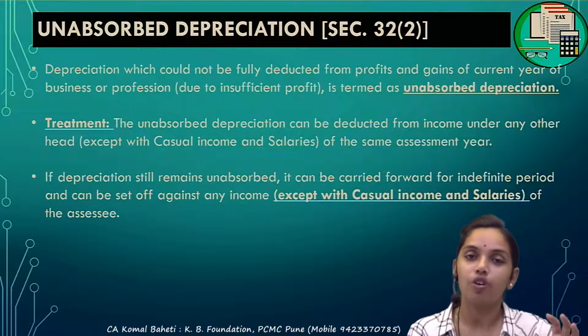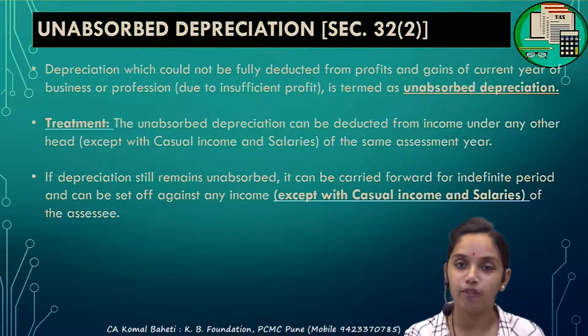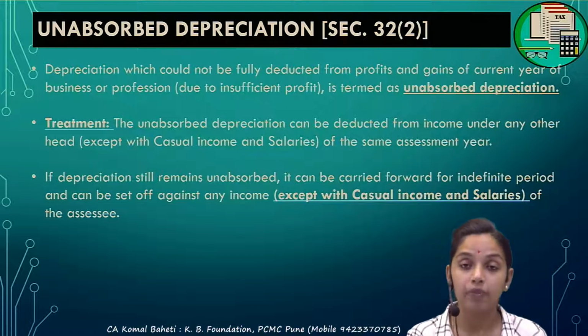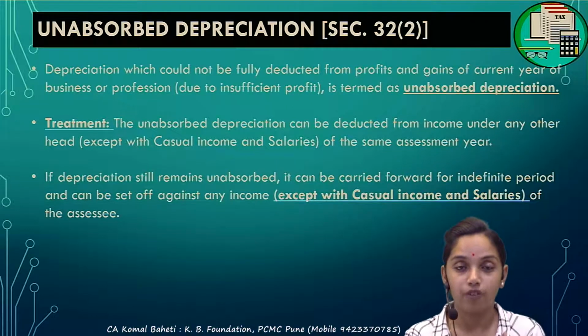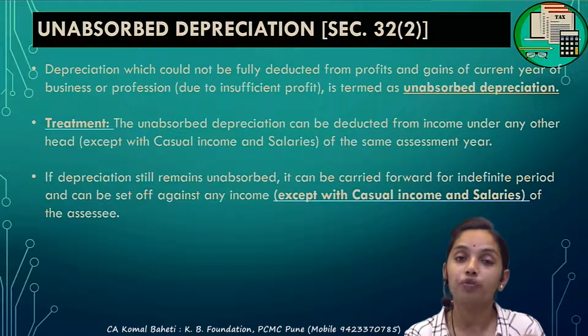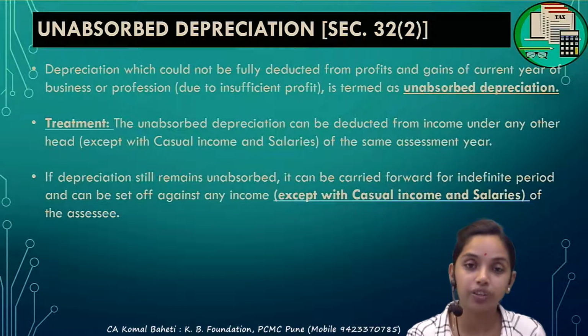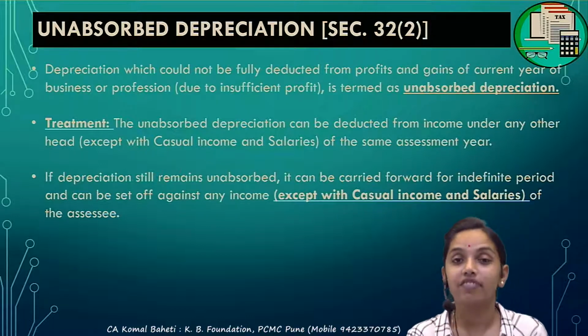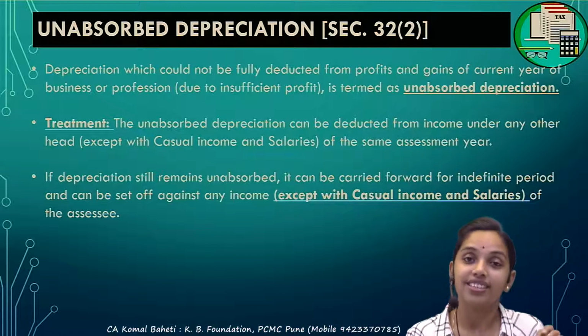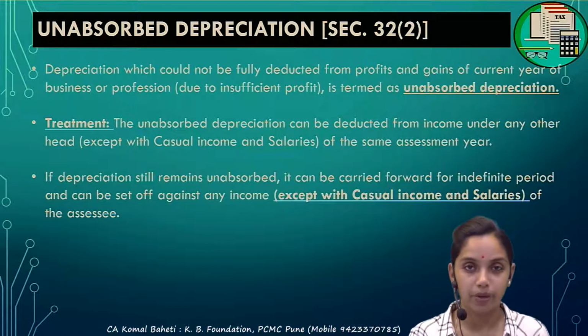Other losses will go under the set off and carry forward of losses chapter. That time I'll explain in detail. But for other losses to be carried forward to the next year, you need to file the ROI within the due date. But agar unabsorbed depreciation carry forward karna hai, then there is no need to file the ROI. Even if you have not filed the ROI within the due date, still you can carry forward your unabsorbed depreciation.